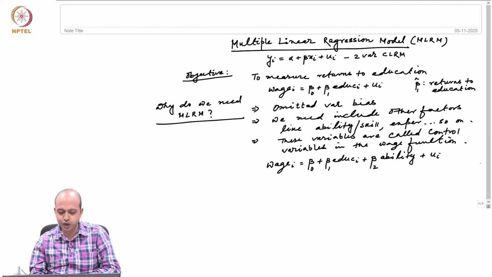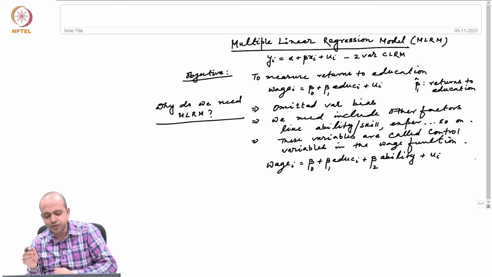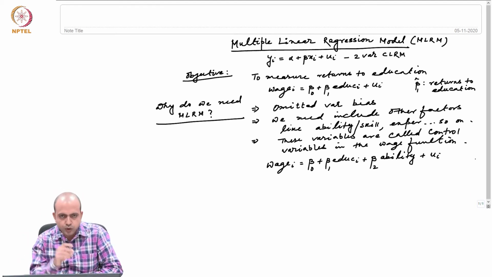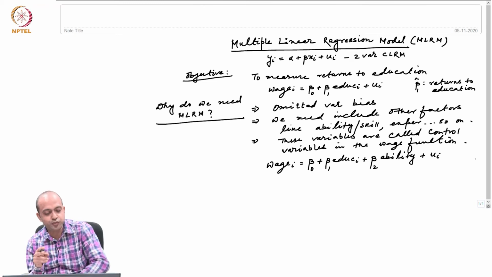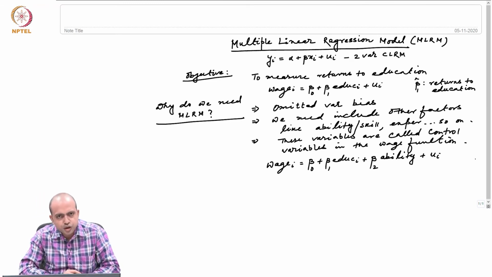This is our true model. Okay. We have another variable, the ability factor, that should also be included in the model. If we do not include it, then our model will suffer from omitted variable bias.